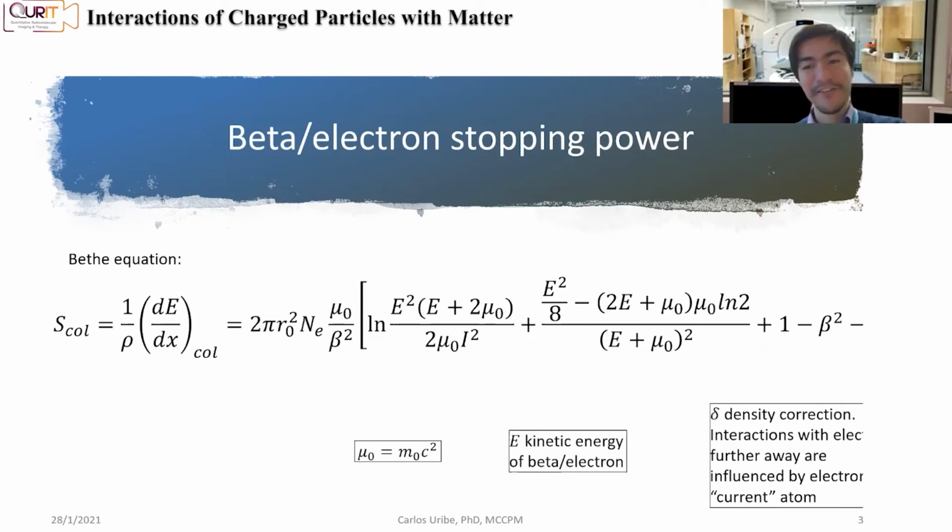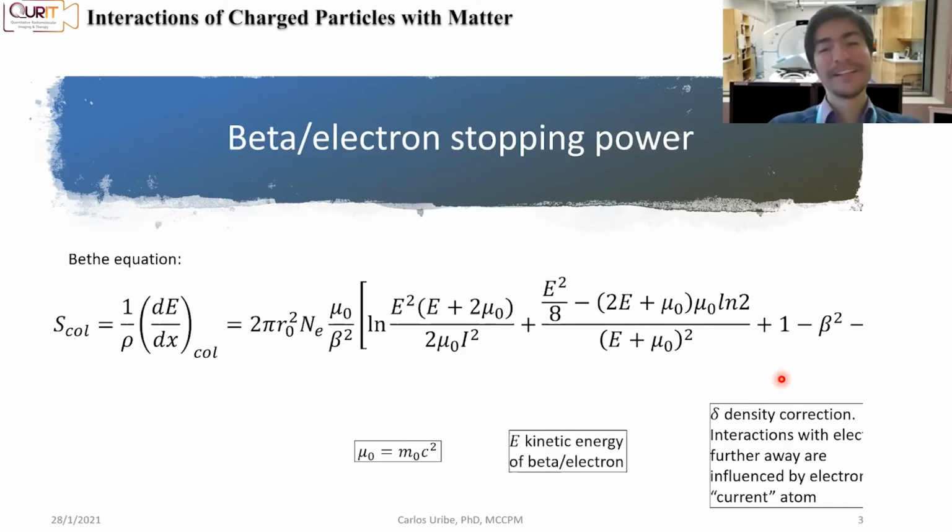So you now have a delta factor, and this is called the density correction. This is needed because when there are interactions with electrons, the electrons that are further away from the current atom are influenced by the electric field coming out from the actual atom.